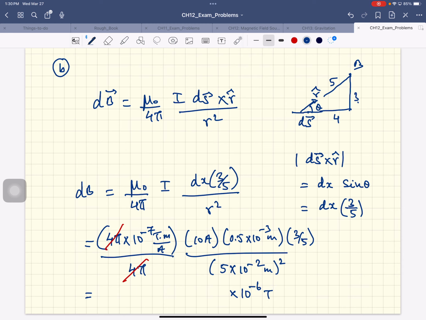And what is left is 10 times 5 times 3/5 divided by 25. So this is 3/25 microtesla.